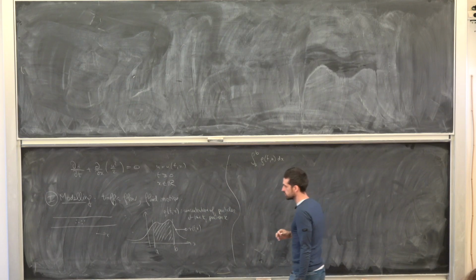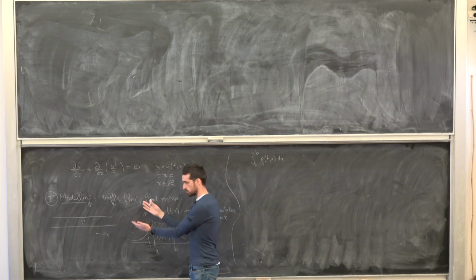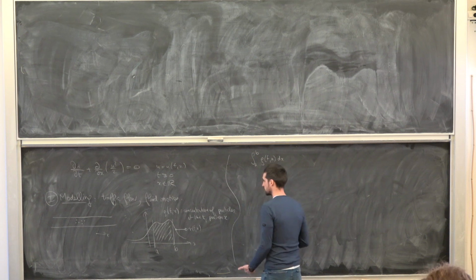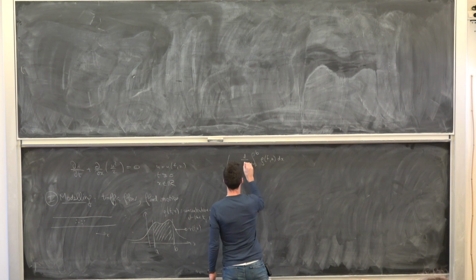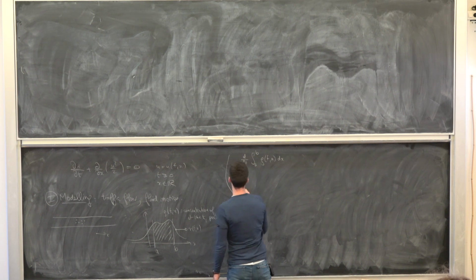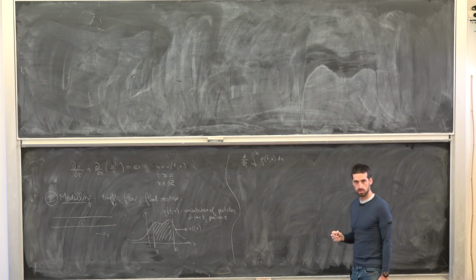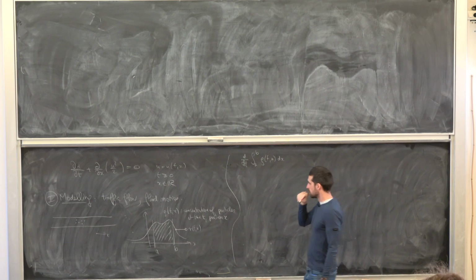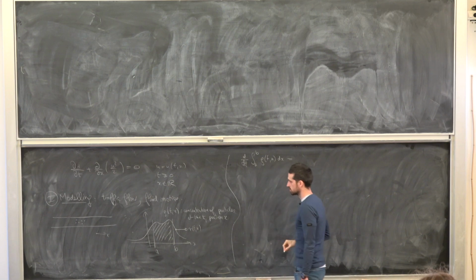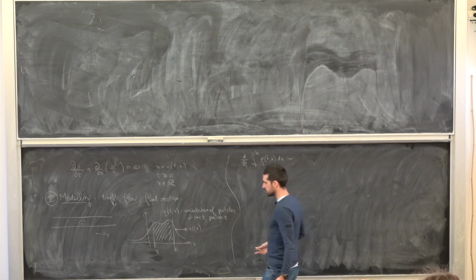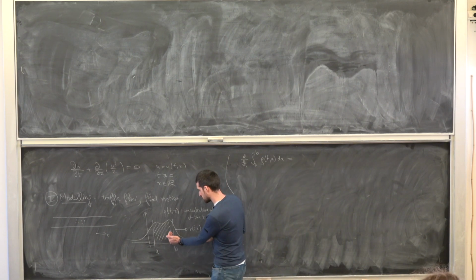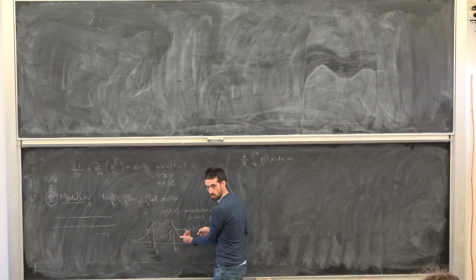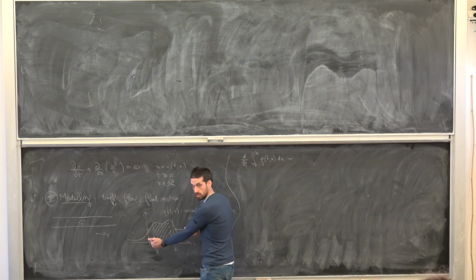And if you want to understand how your fluid or your traffic is evolving, what you want to understand is how this quantity evolves with time, right? The derivative of that quantity with respect to time. Now, what can you say? How does it evolve? It depends only on what is going out of this box on the side b and what is entering from the left on the side a, right?